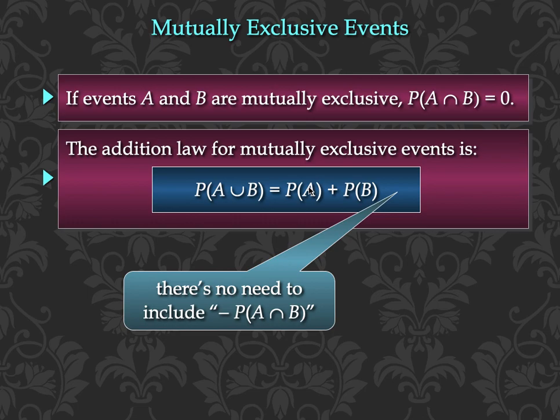Thus, going back to our addition law, the probability of A union B is equal to the probability of A plus the probability of B minus the probability of their intersection. But since they are mutually exclusive, the intersection is equal to zero, so we do not have that term anymore. So when the two events are mutually exclusive, in finding the probability of their union, we simply add their individual probabilities. So we simply add the probability of event A and the probability of event B.